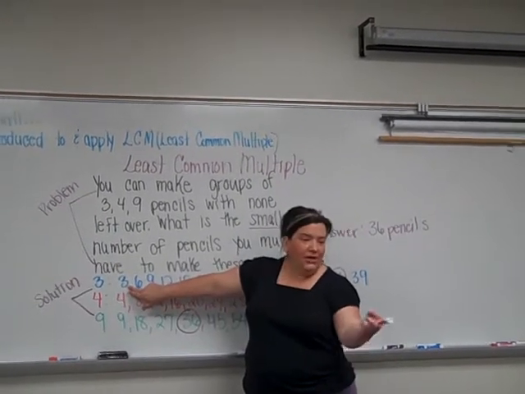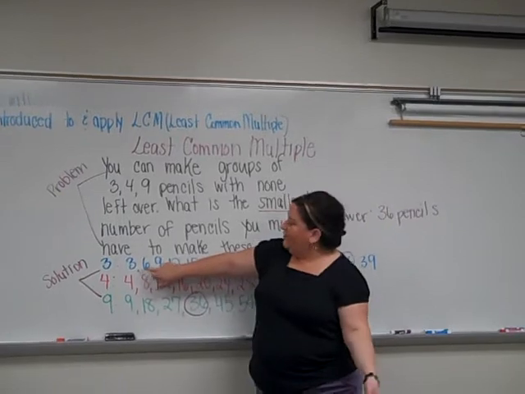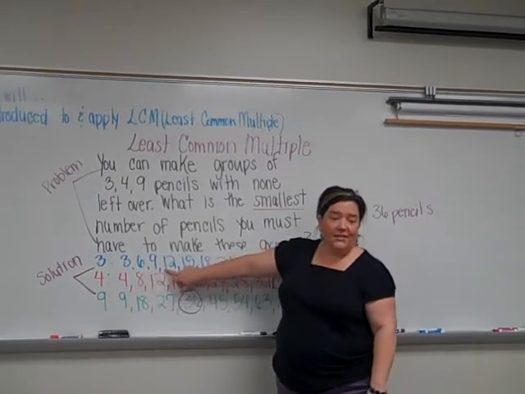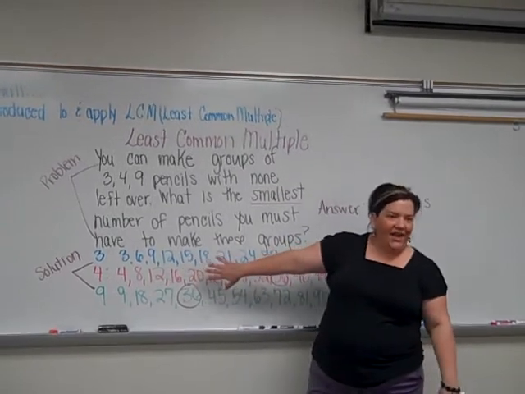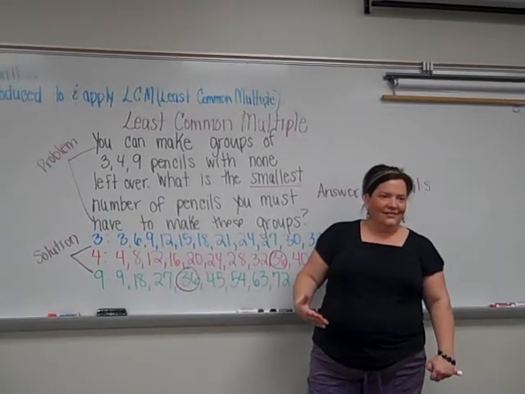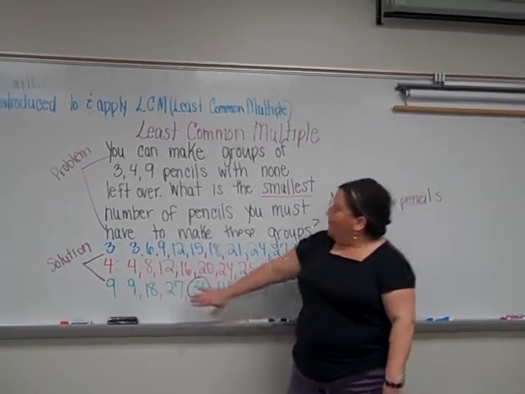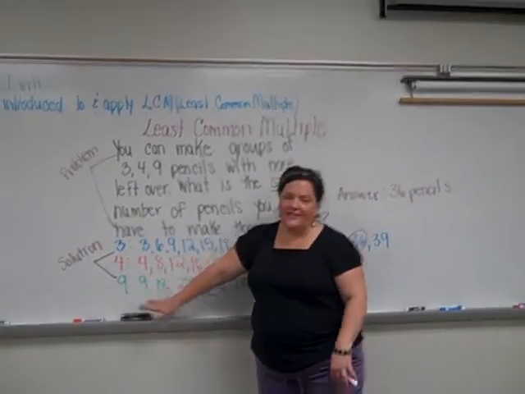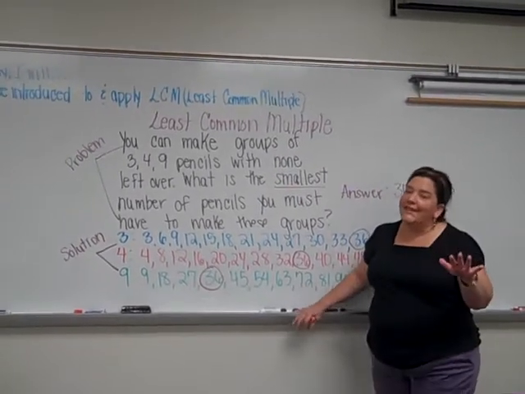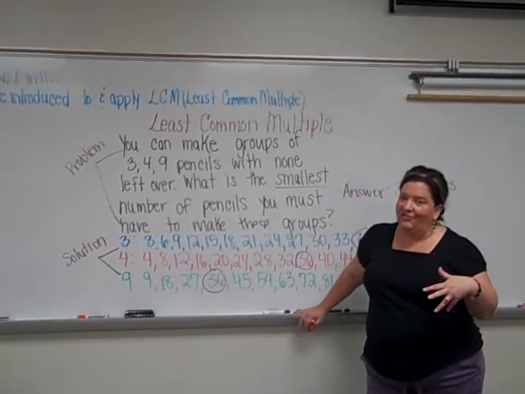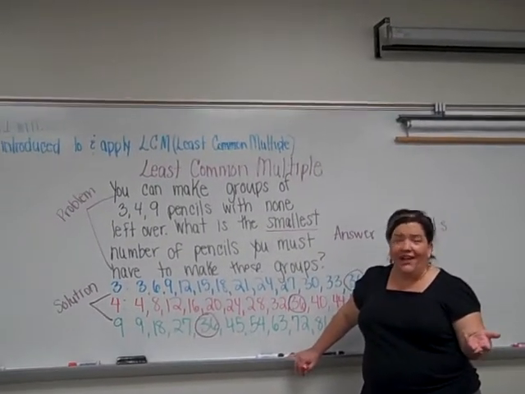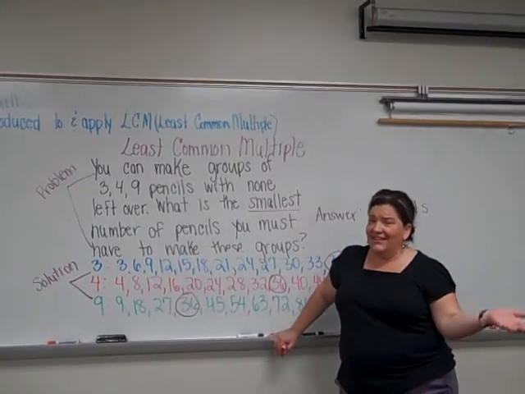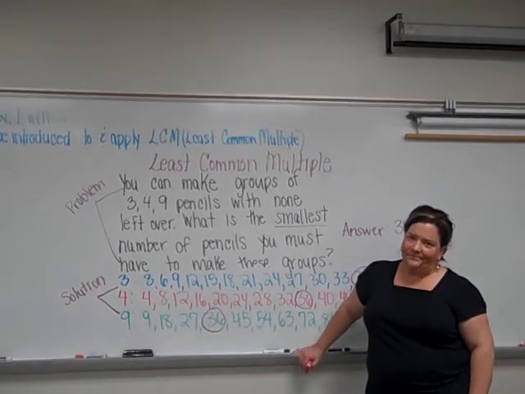So 3 times 1 is 3, times 2? 6. 3 times 3? 9. 3 times 4? 3 times 5? And so on. Okay? And we did the same thing with the 4s and the 9s. So once again, children, if you don't know your multiplication facts, you've got to know those to be successful in math in middle school. And as an adult, really.